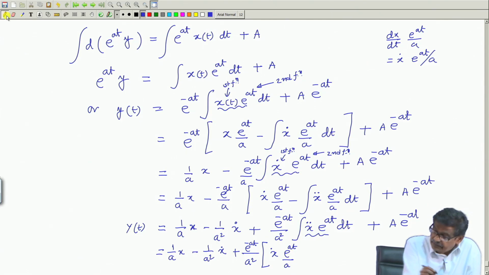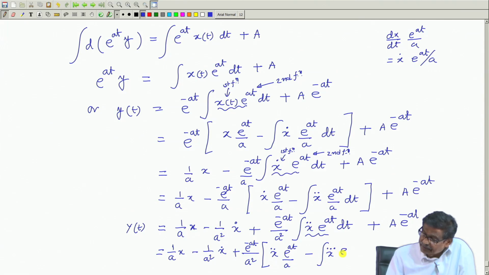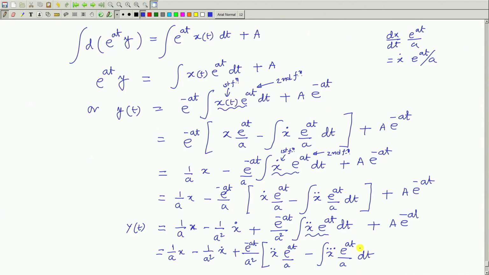First function, that is x double dot, into the integration of the second, minus the integration of the differentiation of the first function, that is x triple dot, into the integration of the second, dt. It will give like that, integrating by parts, going on. First step I did, then once again I expanded this, now I am expanding this, and this is plus a into e to the power minus a t.